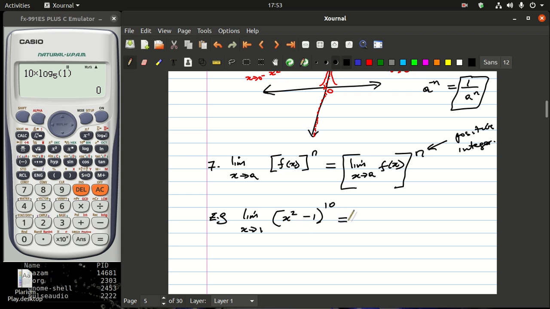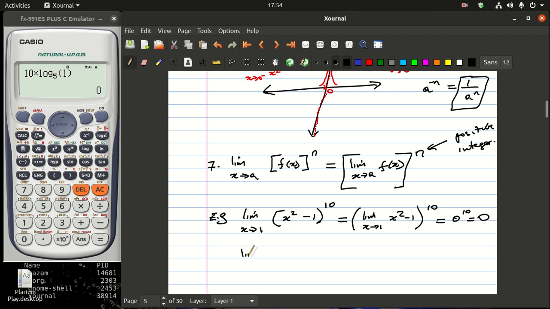This rule is saying that because this number is positive, we can take the limit first as x approaches 1 of x squared minus 1, raised to 10. As I get closer and closer to 1, I just plug in 1. 1 squared is 1, 1 minus 1 is 0. So I end up with 0 to the power 10, which is just 0.